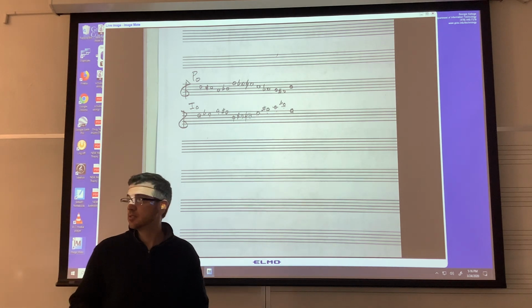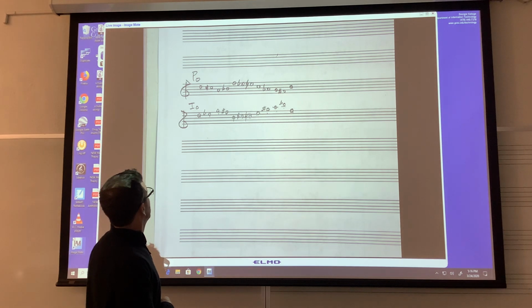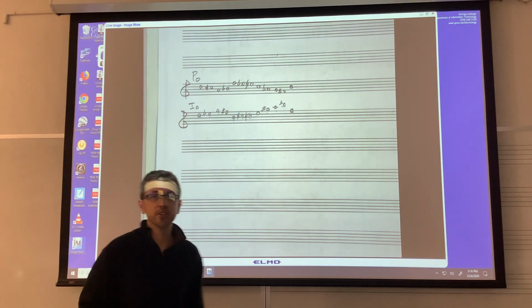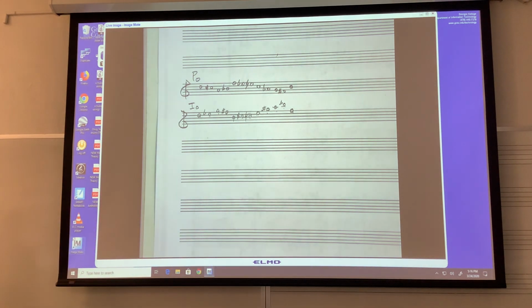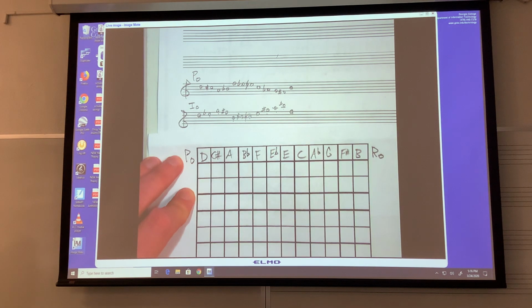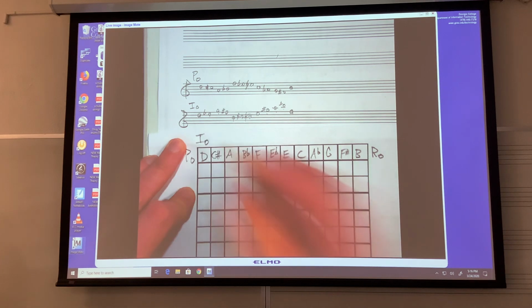No one's laughing. Okay. Let's go ahead and put I0 into our matrix. And it will go here.